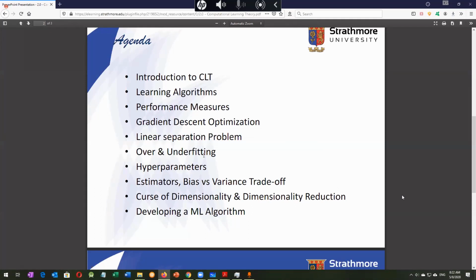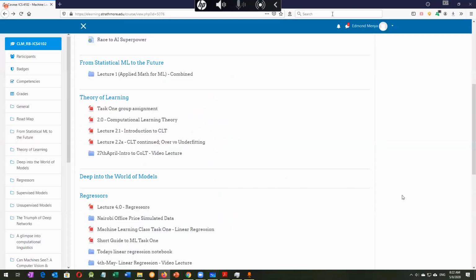Okay, then I will go to other things. We'll talk about hyperparameters, estimators, the curse of dimensionality, and then finally we'll just see how to develop a machine learning algorithm. Good, so today over and underfitting, and then we'll be back to our notebooks to update our code.